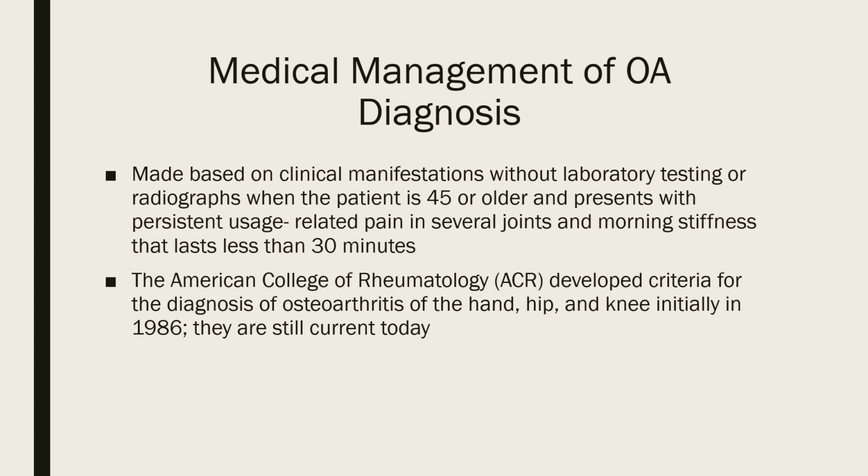So, the American College of Rheumatology developed criteria for the diagnosis of osteoarthritis of the hand, hip, and knee initially way back in 1986. However, this criteria is still current today. We still use this criteria.